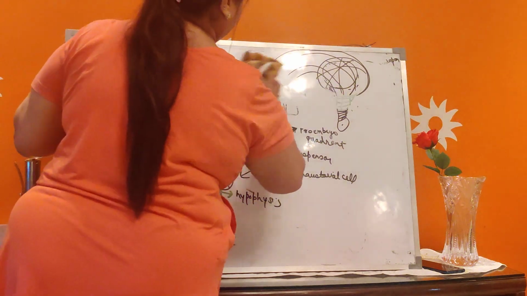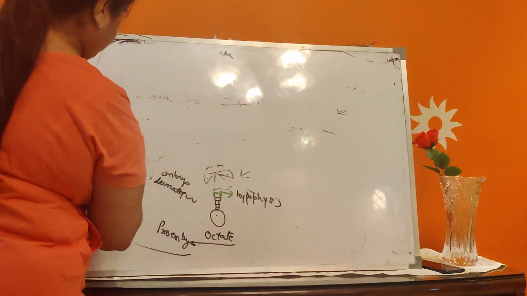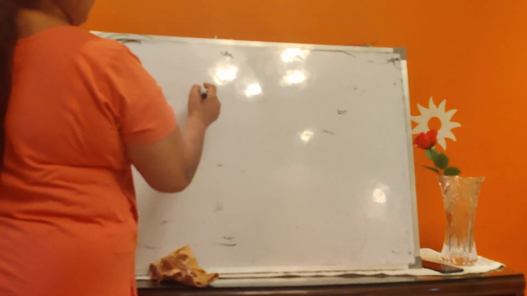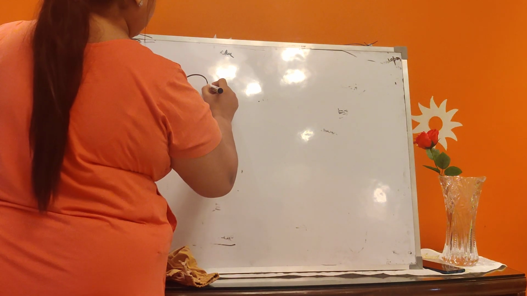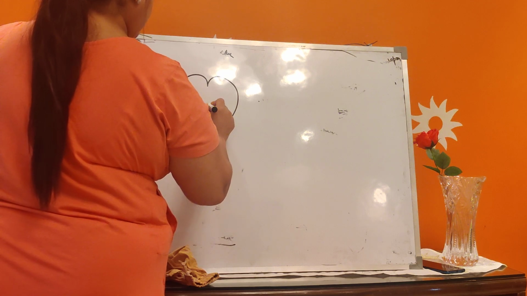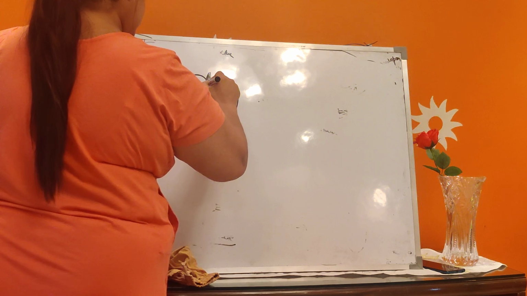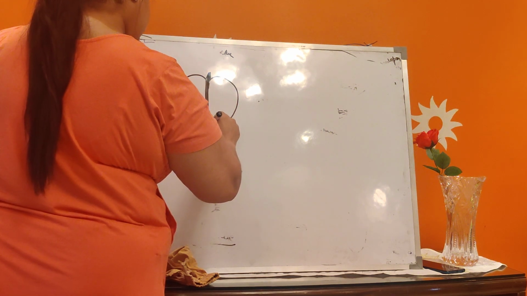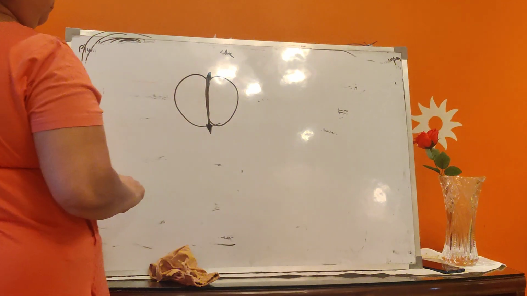Now let's do the dissection of a seed in which there is an axis inside it, and this type of structure we will see.